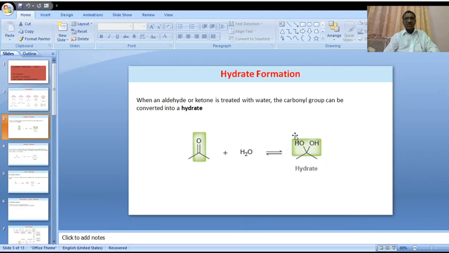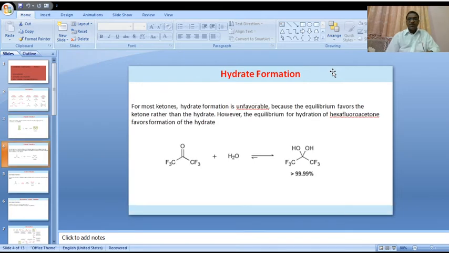Is it clear? Just now we discussed the example of the hexafluoroacetone compound.